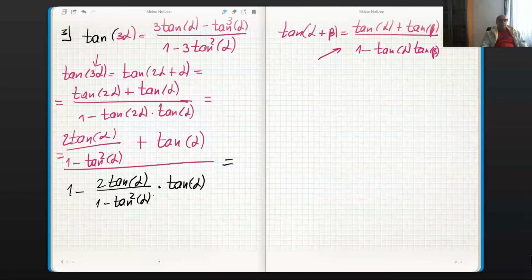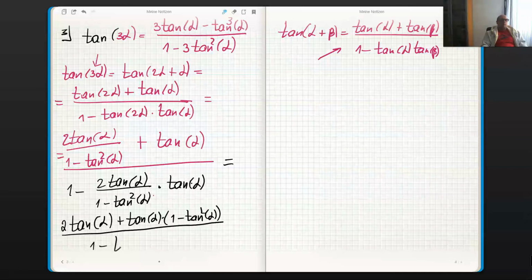So we just bring it to the same denominator. We have 2 tangent of alpha plus tangent of alpha times 1 minus tangent squared of alpha, divided over 1 minus tangent squared of alpha. It was our numerator and denominator.